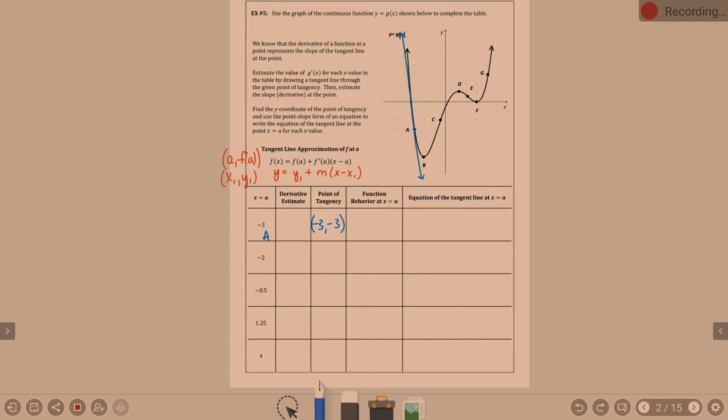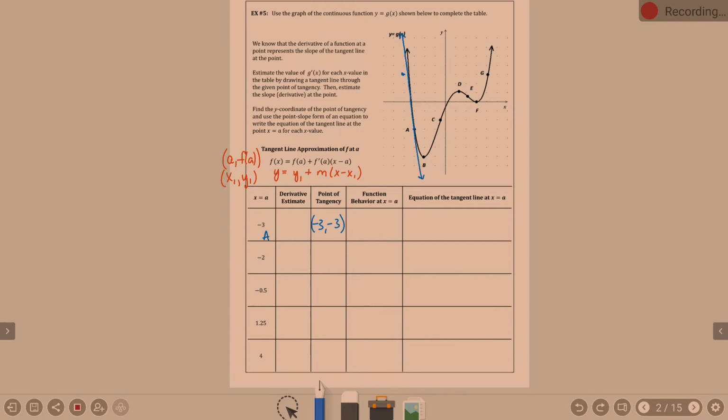Mine certainly does not match what I have in my notes. I just got 7. Everyone's graph is different. I have -5. So -8.